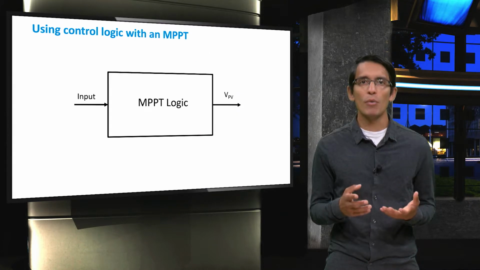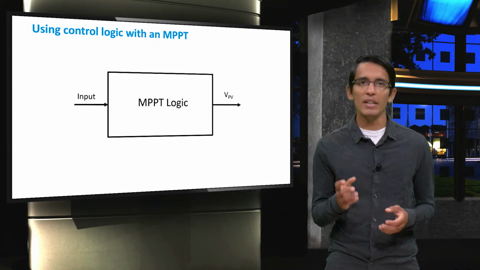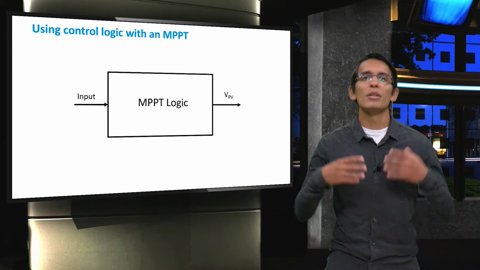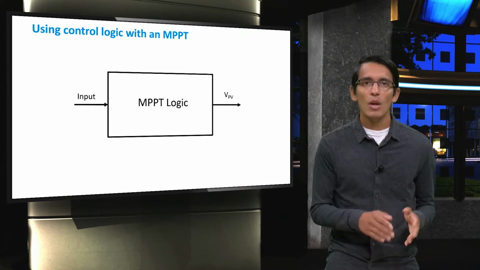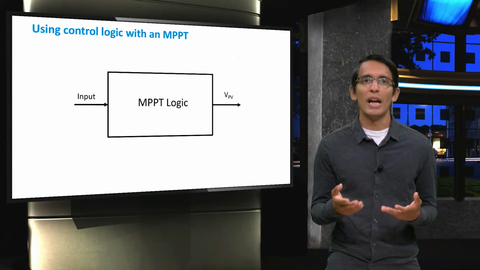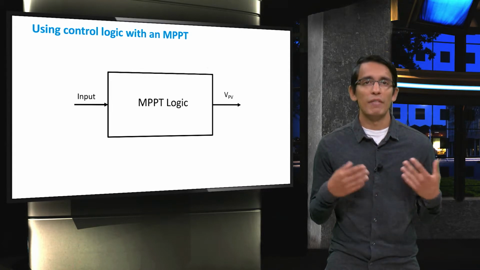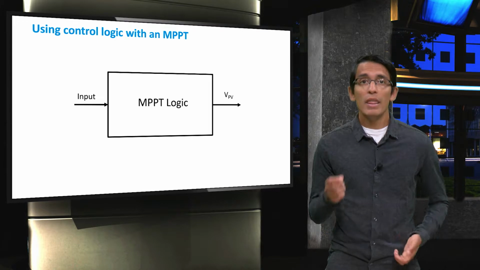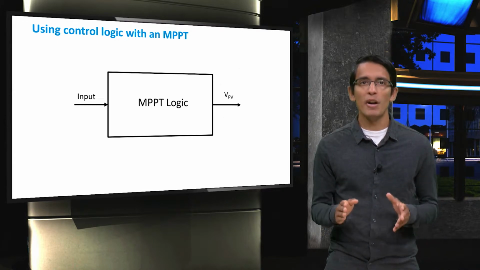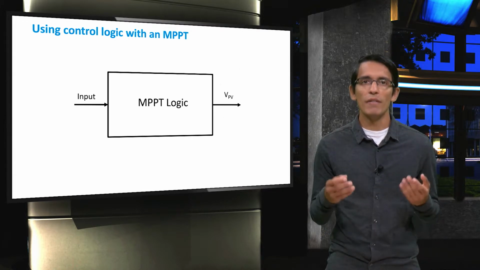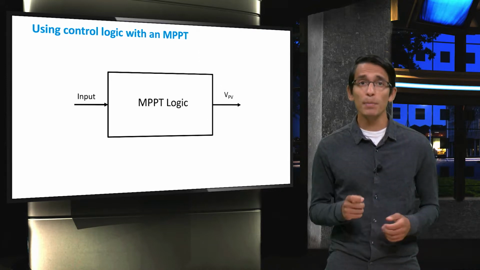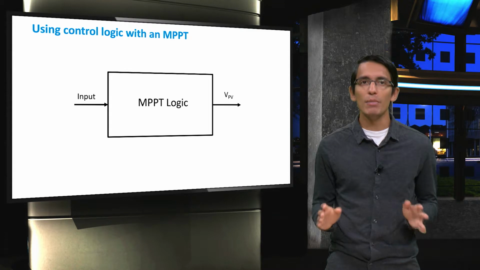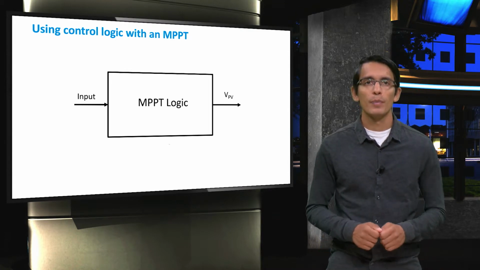So a maximum power point tracking scheme consists of taking some sort of input and using some logic based on that input and outputting VPV, which the power electronics should apply to our PV panels. If the MPPT algorithm is good, this VPV should be as close as possible to our desired VMPP of the solar array or panel. This block diagram will be shown for every method that I share with you.